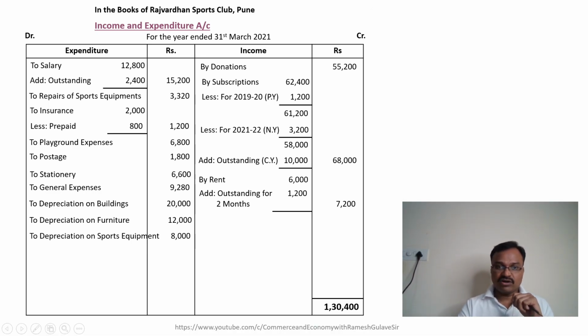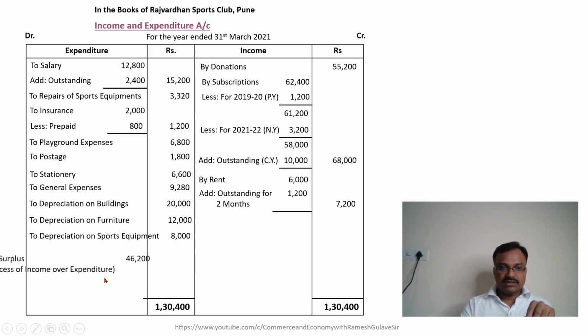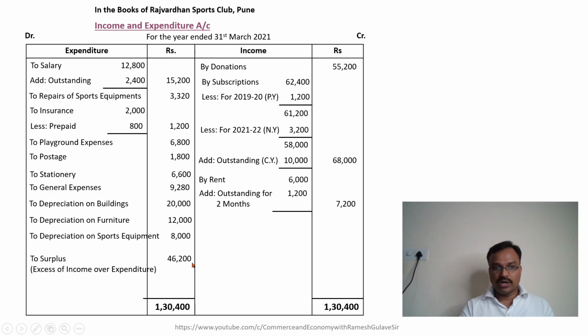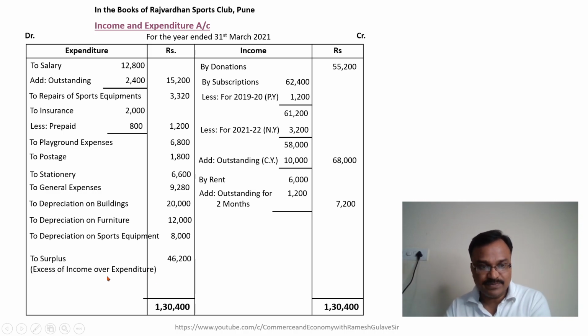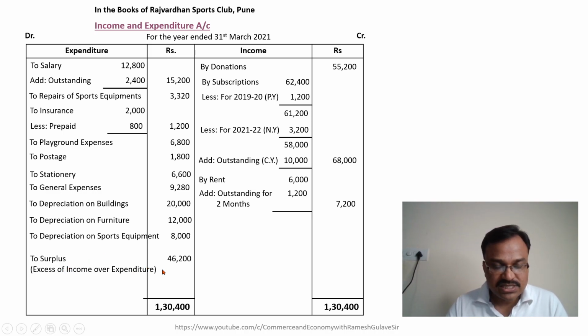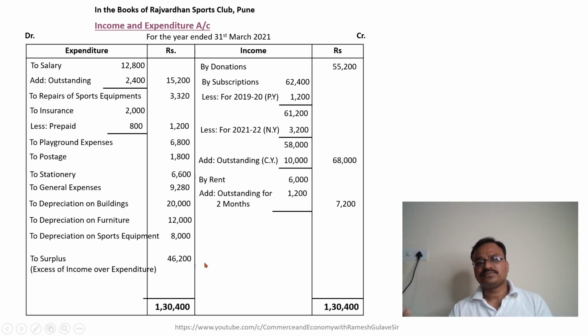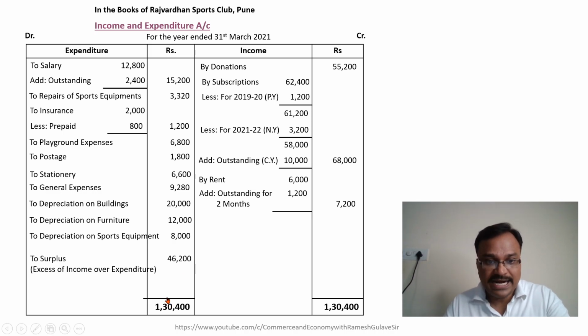Okay, so it is recorded on the debit side here. So first record the total, and now the amount of surplus, 46,200, and it is known as excess of income over expenditure. And as this is surplus, it is added to the capital fund. Okay, so we have to add this in the capital fund, right?